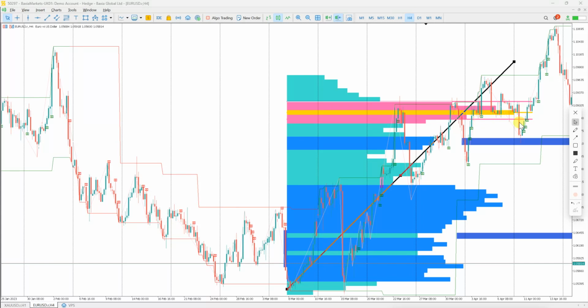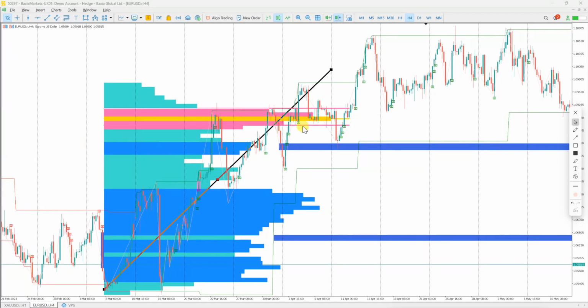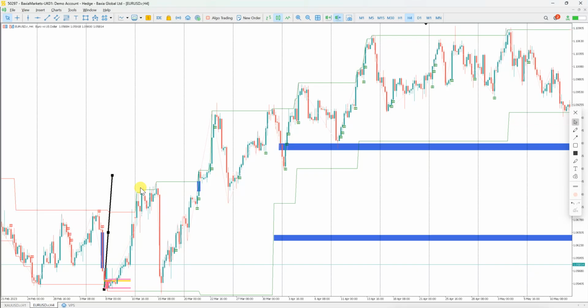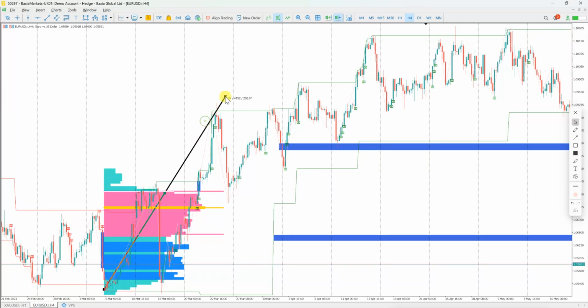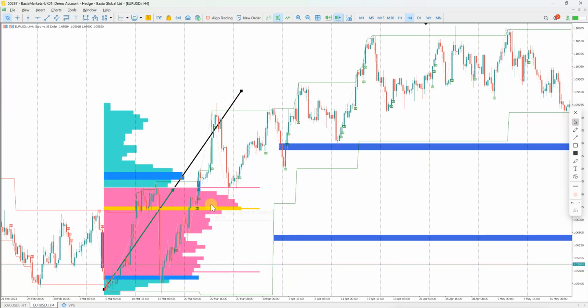From here on, we can confirm that we are bullish, because sometimes you can't rely on this alone, but if you are not sure, you can rely on the volume profile. You can rely on how the POC and the value area move.